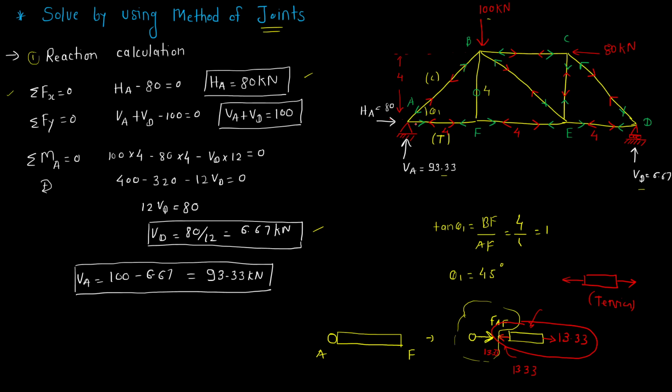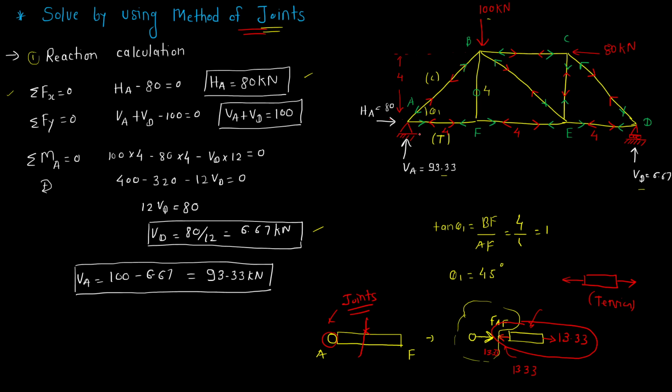So first you identify what is the direction of the force at the joint. Remember, we are discussing the method of joints, so we will be taking only joints and not members. In the method of sections, we will be considering the force directly in the member. So at that time you don't have to draw these arrows here. However, while solving by using the method of joints, try to give these directions of arrows so that there will be no confusion whether the member is in tension or compression.